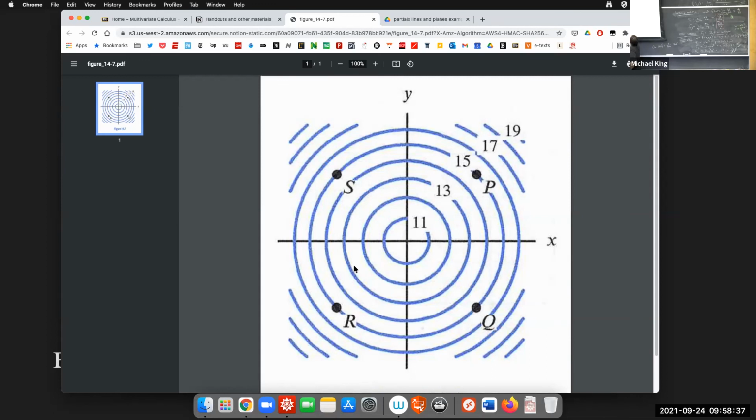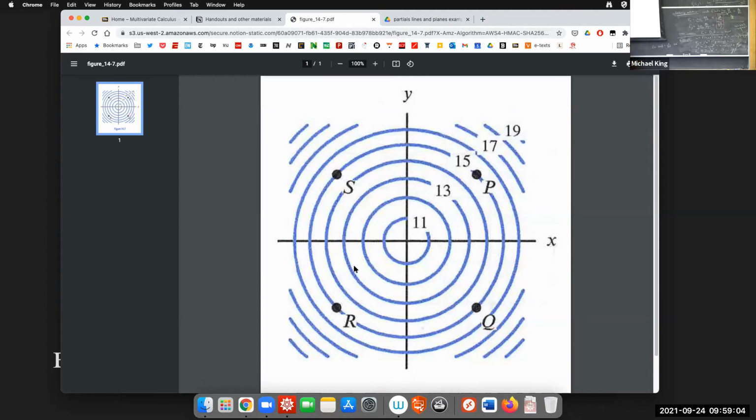So if I leave this point going the positive x direction, I'm going up, right? 15 to 16. So that's actually positive. So the partial x at that point is positive. But if I go from this point and head in the positive y direction, that's going from height 15 to height 14, I think. So in that case, the partial y is negative. So at this point, partial x is positive, partial y is negative.